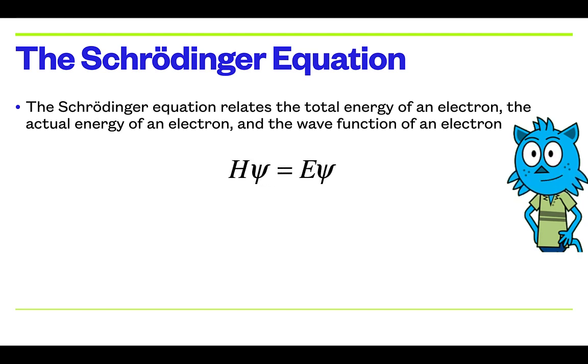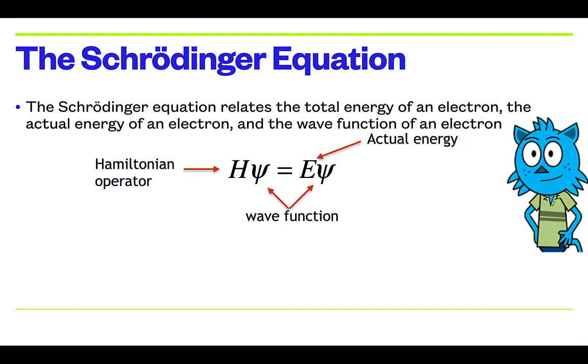So here's the Schrodinger equation. It looks fairly simple, where we just have Hψ is equal to Eψ. However, it can be expanded. We're not going to expand it here. You might see that in a later course. But that H is the Hamiltonian operator, which involves all of the differentials, the second differentials that I'd mentioned, where you're taking differentials of all the different parts and pieces of that equation.